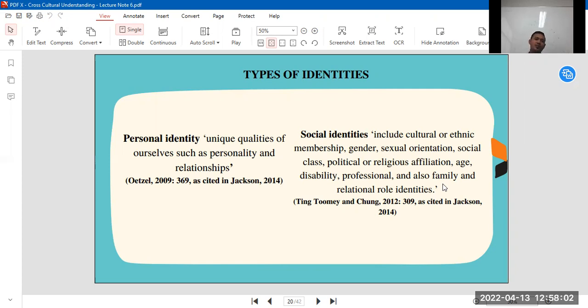Or even the professions or our education status, let's say students from Harvard University, from a particular school, and so forth.